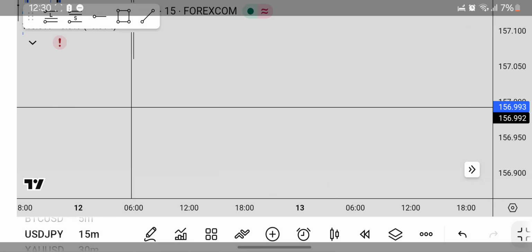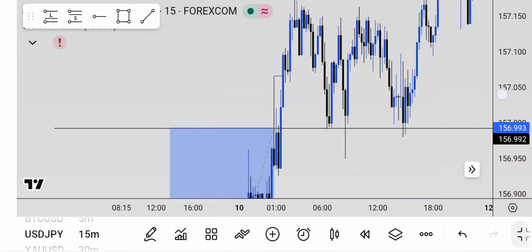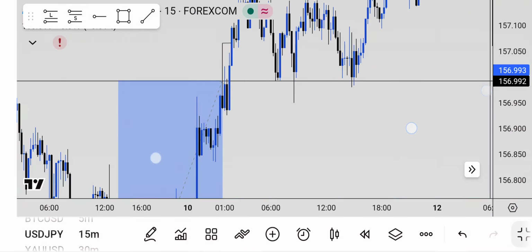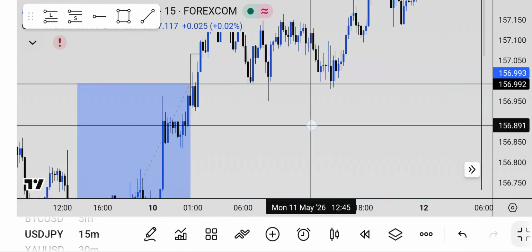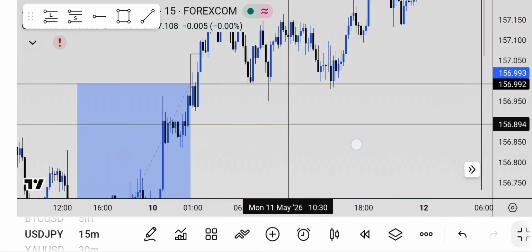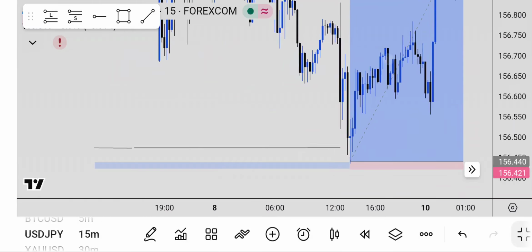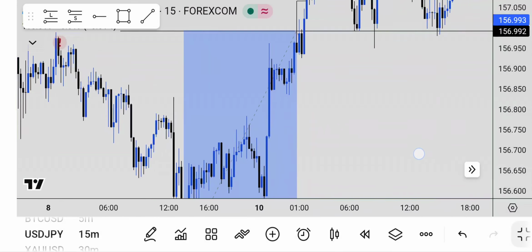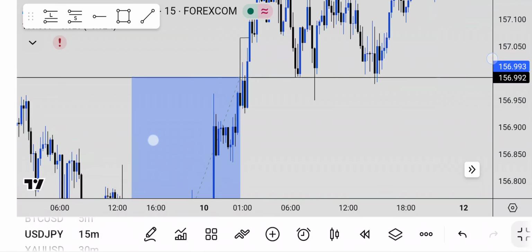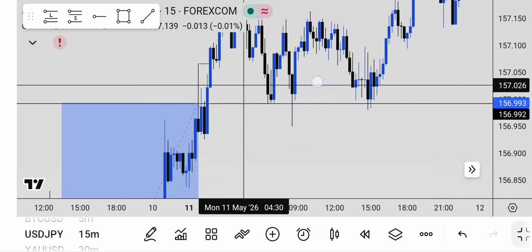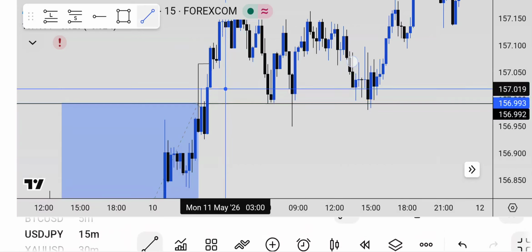Let's move to the 15 minutes. Do you see? That's why it's always good to adjust time frames before you pick your entry. Watch out. Break of structure.